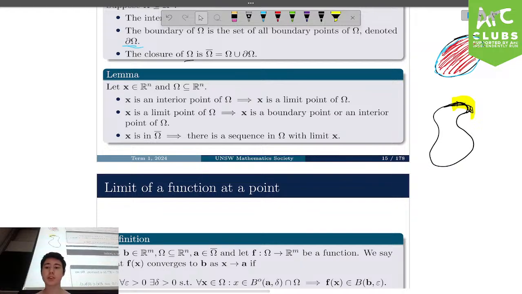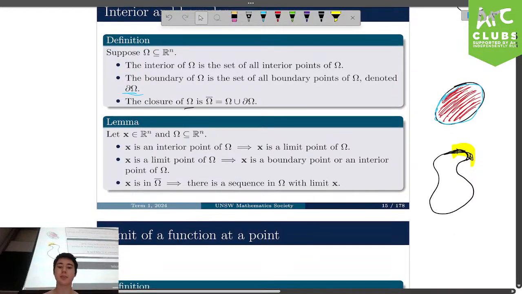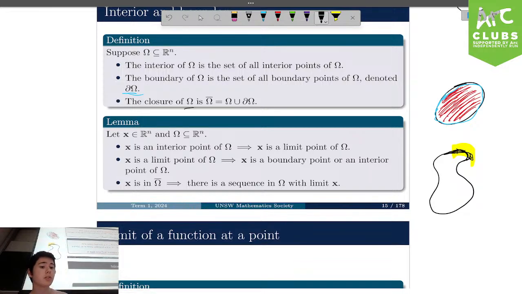Now we have a certain lemma, just the implication between limit points, interior points, boundary points, things like that. First up, if x is an interior point, aka it is inside, and there exists some ball of some size that contains a subset of omega, which is a subset of omega, my bad, it must be a limit point.